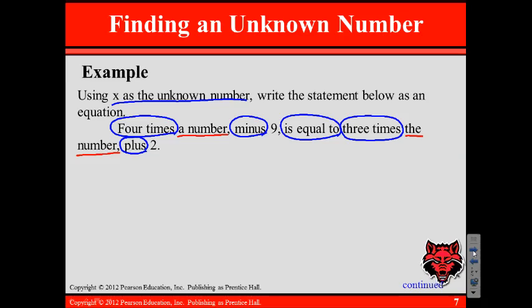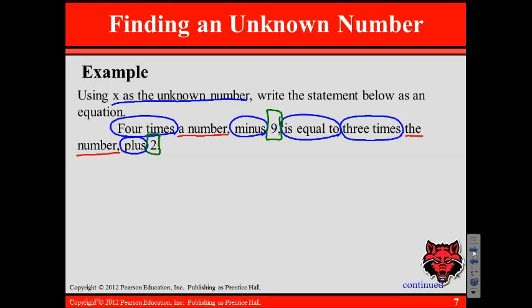Those are all keywords we're going to use in translating. And then we have some necessary pieces, the 9 and the 2. Again, this isn't a problem full of fluff or unnecessary information. As you can see, every word is underlined, circled, or boxed.